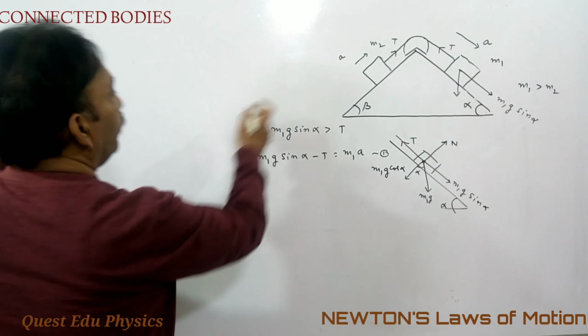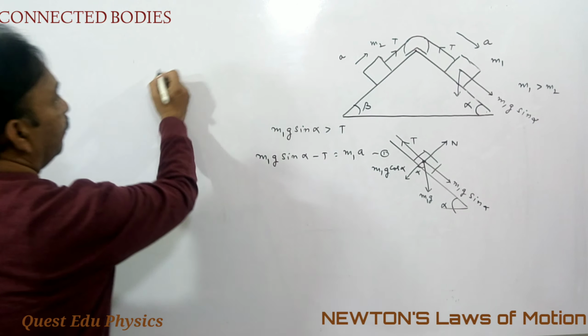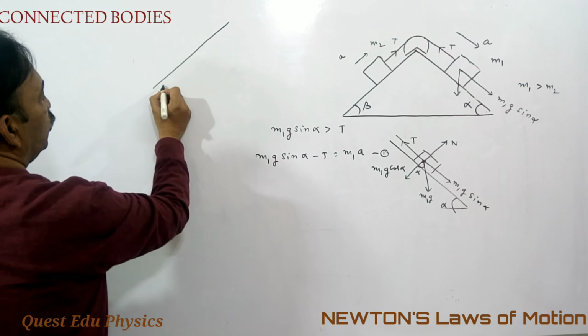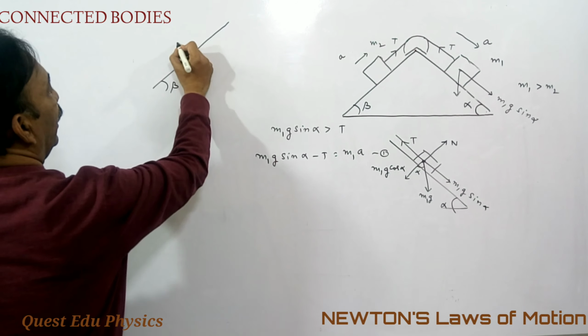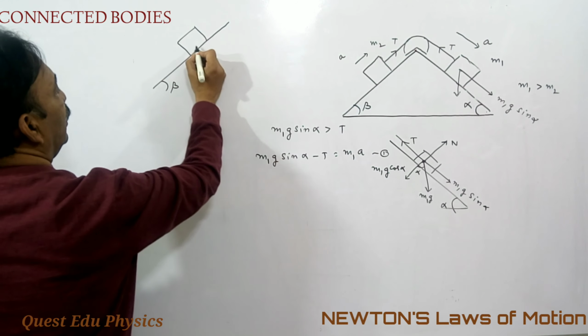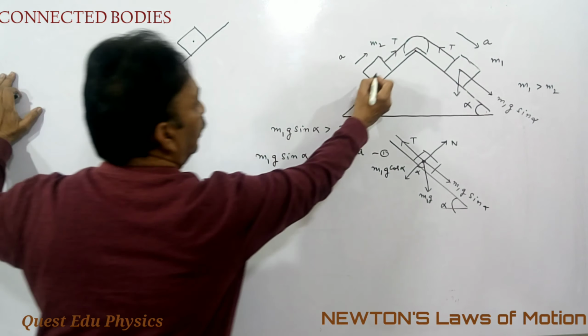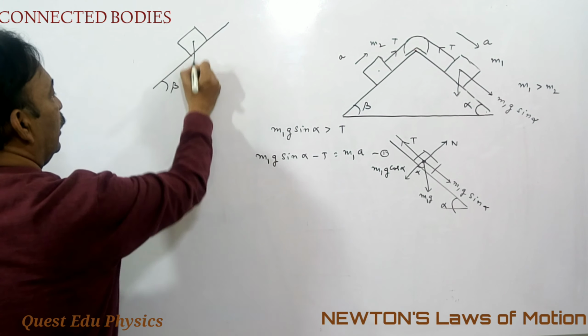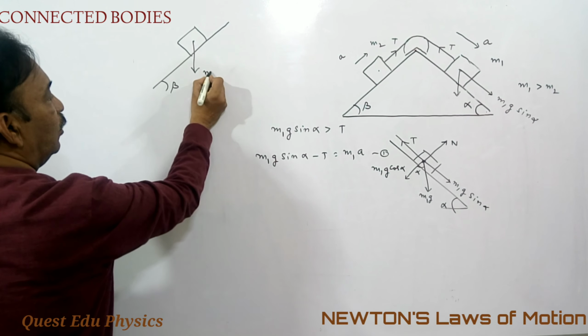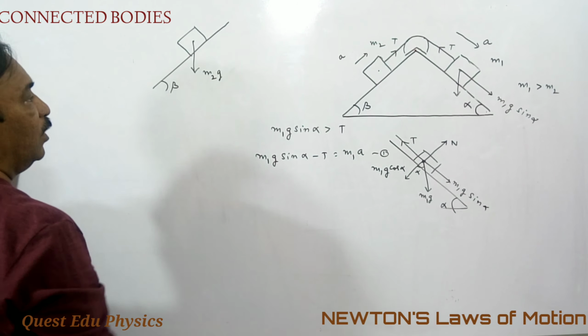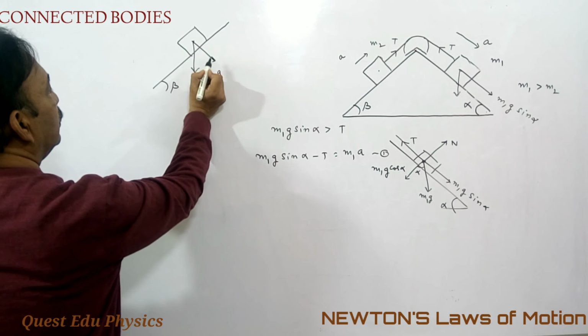Now we are taking this plane. Okay students, the angle is beta, and the same kind of body is kept here. It has a mass of m2 and its weight is acting vertically downwards. We are resolving it into components.